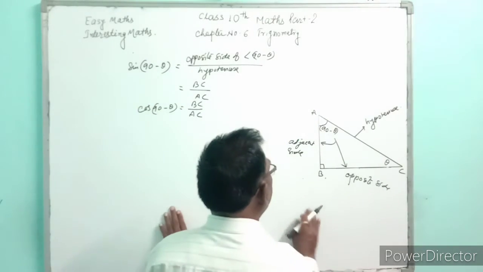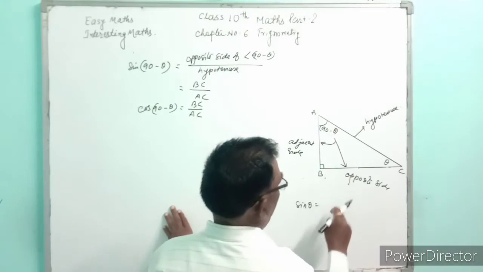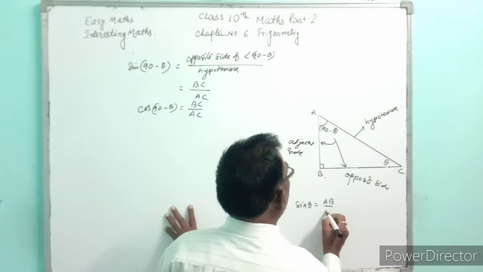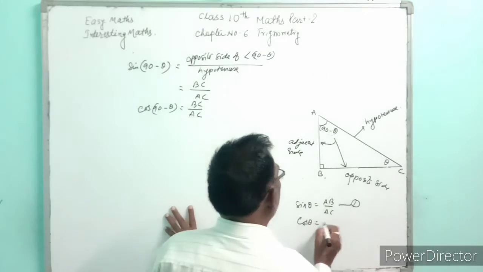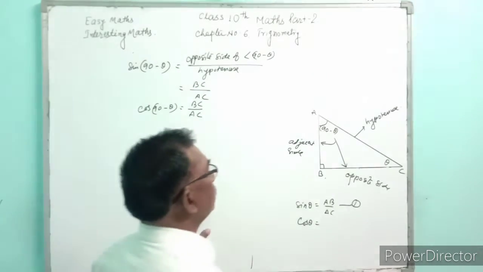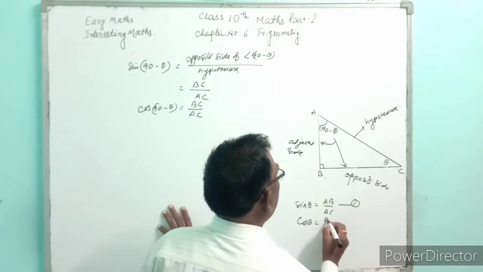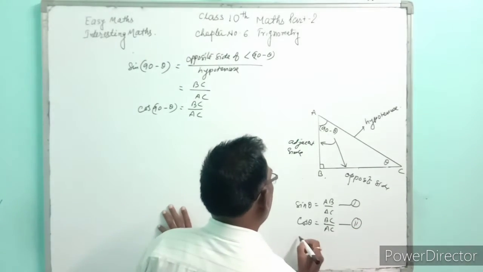I write here: sin theta is equal to AB by AC, number 1. Cos theta is equal to BC upon AC, that is number 2.